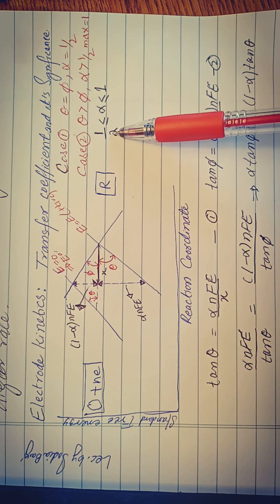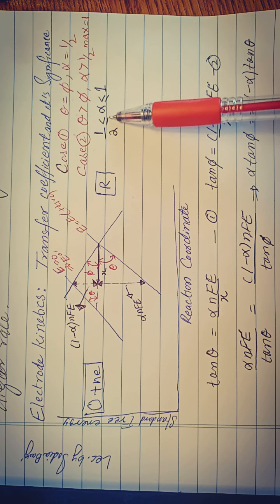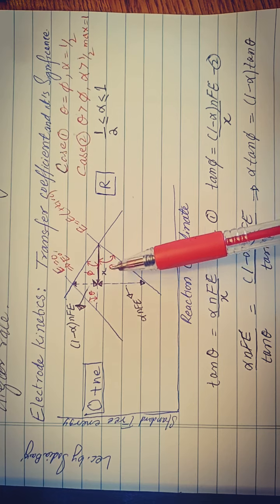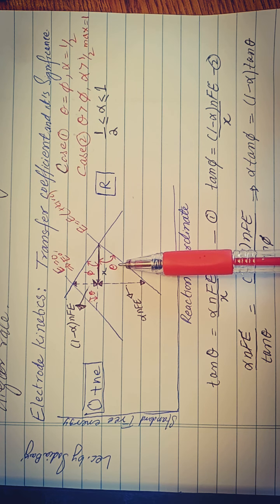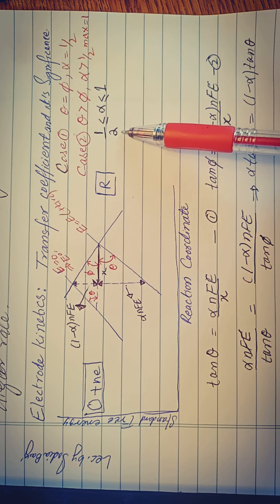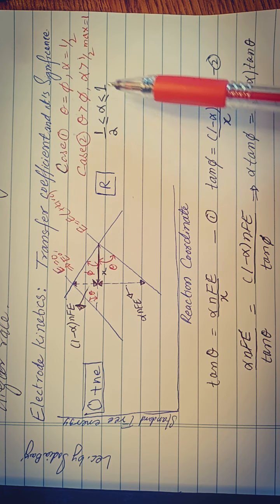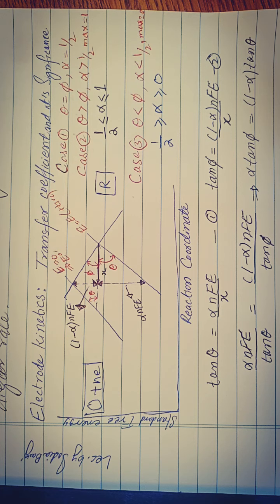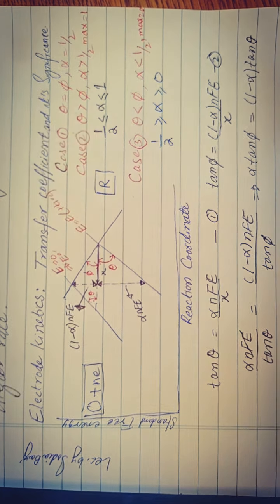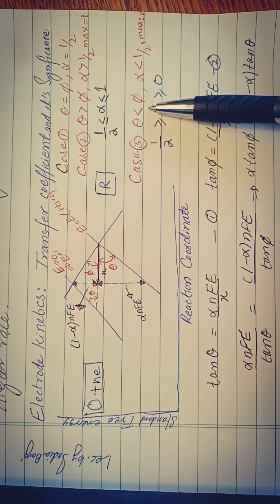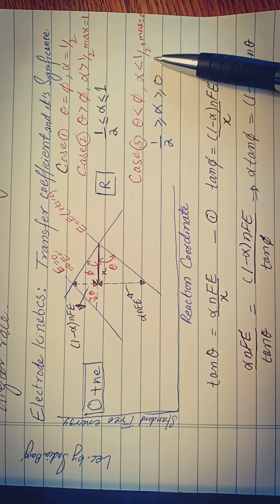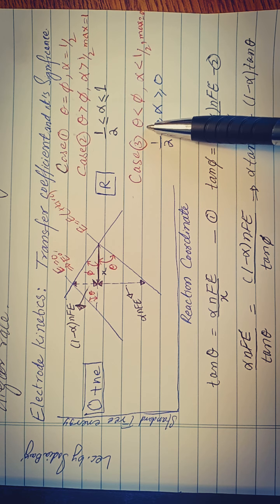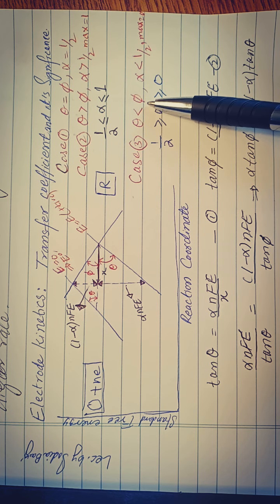So the range of values we can get for the higher angle, that is theta, is half to 1. For the third case, the value of alpha must be less than half, because theta is smaller than phi.